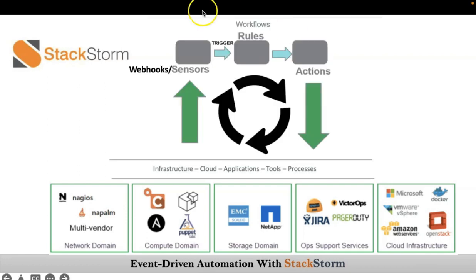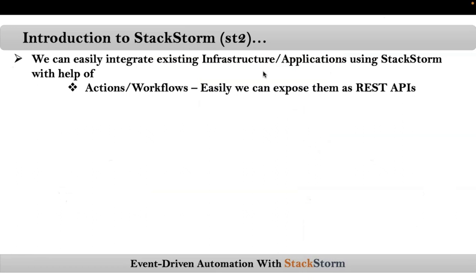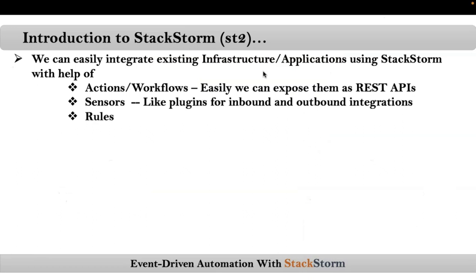StackStorm has different components like webhooks, sensors, workflows, rules, and actions. Using all these, we can achieve either integration or automation on our infrastructure. Sensors and webhooks are useful to integrate your infrastructure with StackStorm, and actions and workflows are useful to execute our automation tasks on our infrastructure.